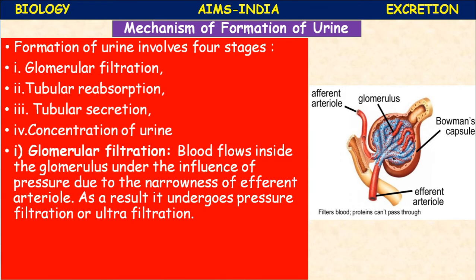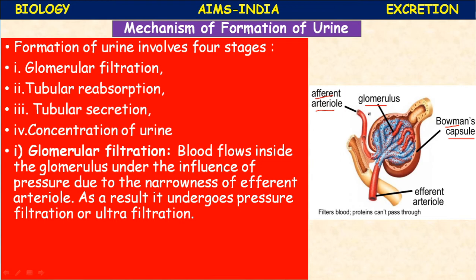This is the glomerulus. So in the Bowman's capsule, the network of capillaries formed by the efferent arteriole will form the capillary network inside this Bowman's capsule, which is called glomerulus. Okay. So the blood flows from renal artery to the glomerulus through afferent arteriole.